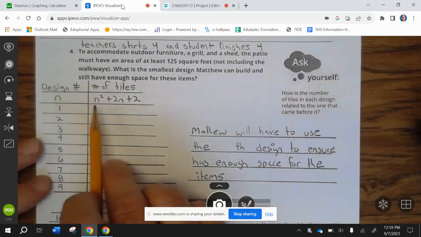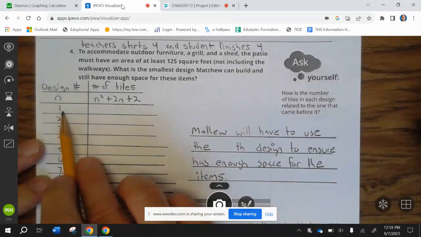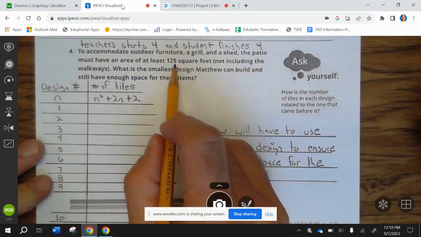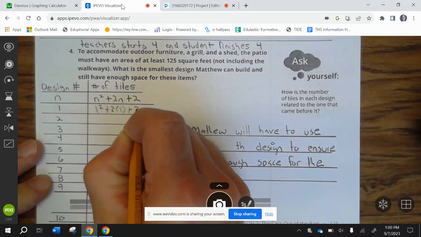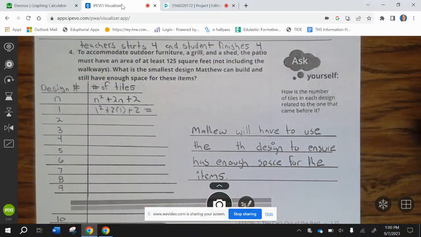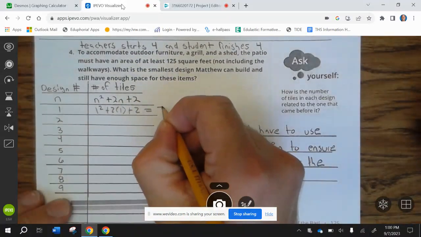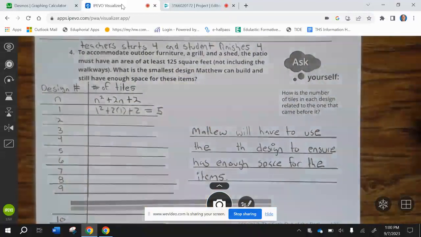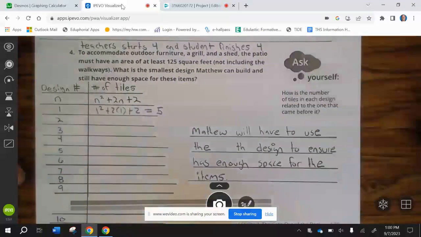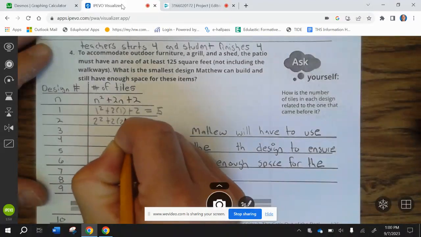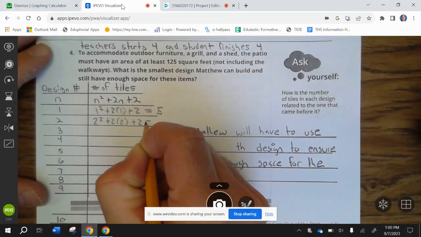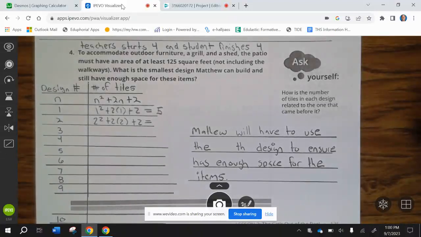Okay, so here's our equation. We're going to plug these numbers in until we get to 125. So that's 1 squared plus 2 times 1 plus 2, which equals 5. Okay, and then that's 2 squared plus 2 times 2 plus 2, which equals 10.